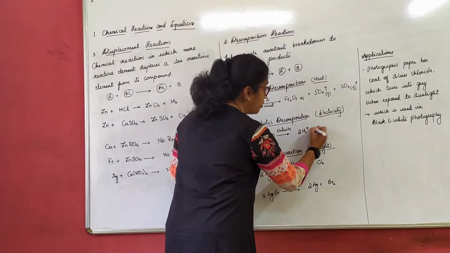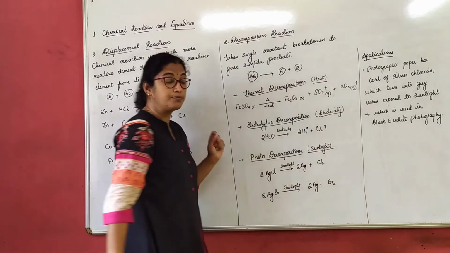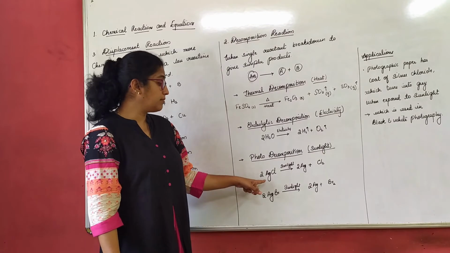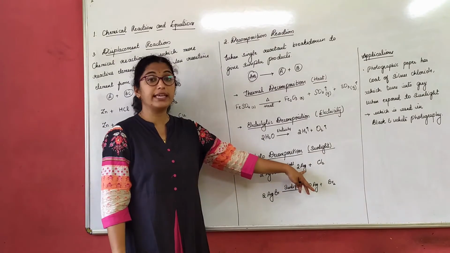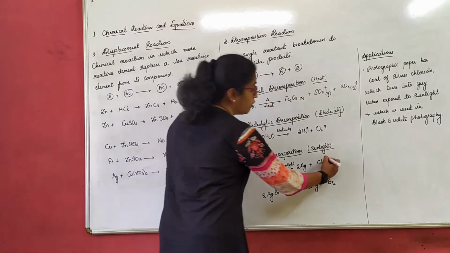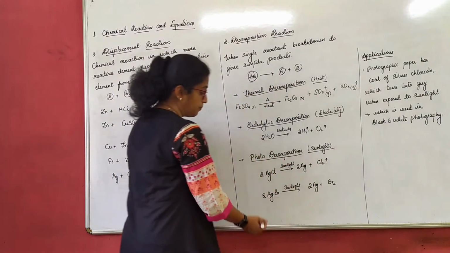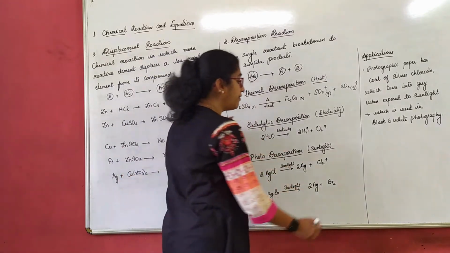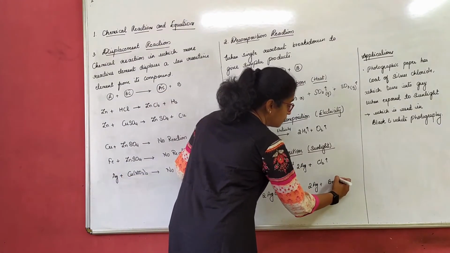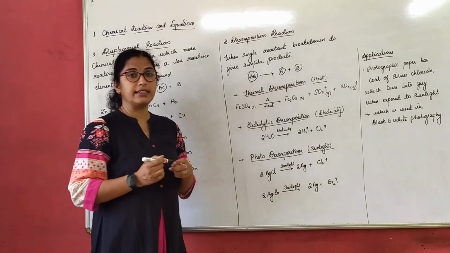How do I know? I have put an arrow mark here. Similarly, in photo decomposition, when silver chloride is exposed to sunlight, we get silver metal and chlorine gas is liberated. When silver bromide is exposed to sunlight, we get silver metal and bromine gas is liberated. It is simple.